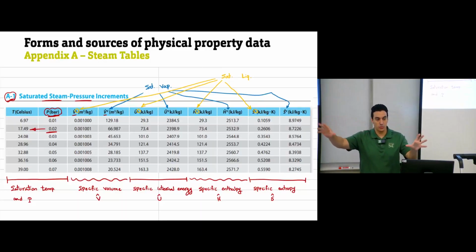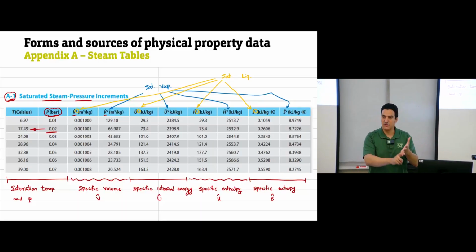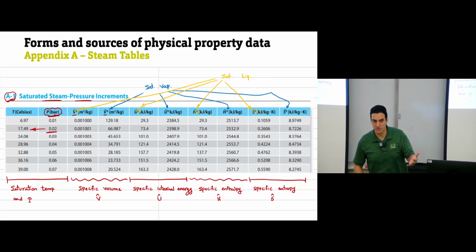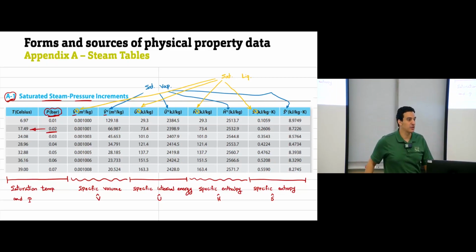So we have temperature and pressure, specific volume, specific internal energy, specific enthalpy, and specific entropy for saturated liquid and for saturated vapor. Any superscript L means all these numbers are for saturated liquid. Any superscript V means all these numbers are for saturated vapor.